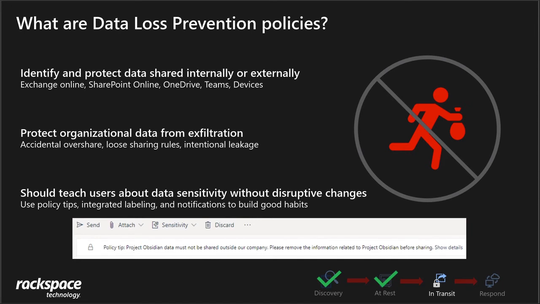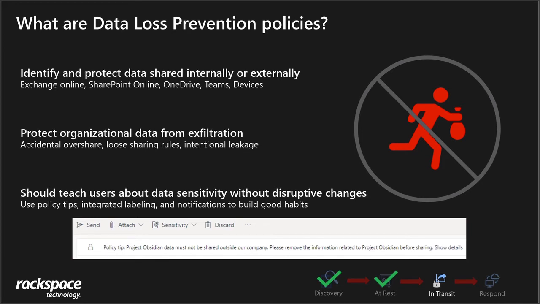So we should talk about what data loss prevention policies include. The role of DLP policies is to identify any kind of actions involving the protected data that we've already identified, whether it's shared internally or externally, and then define what happens to that data when that event occurs. Should it be stopped? Should you stop the share right away?